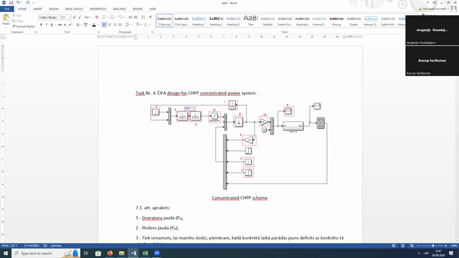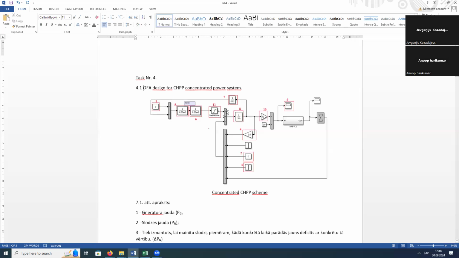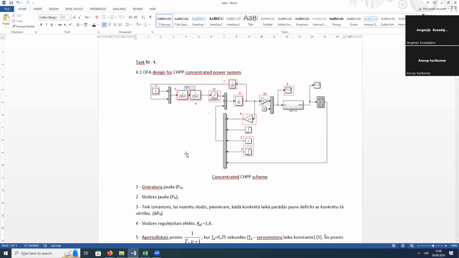Okay, task number 4. Let's make this 4.1 for CHPP. Transfer function number 1. This is the rated power.